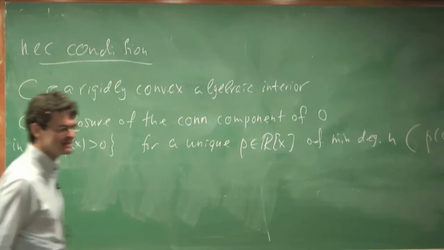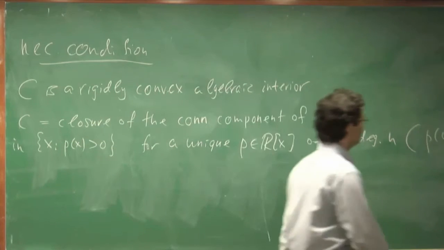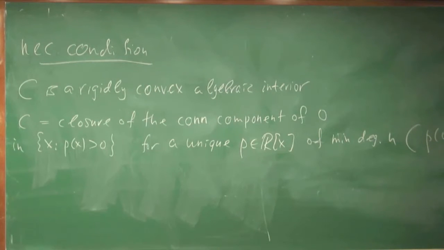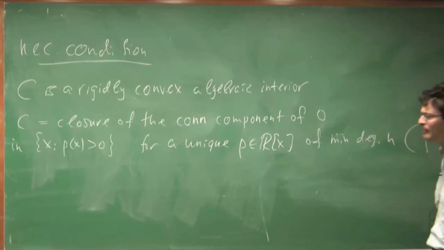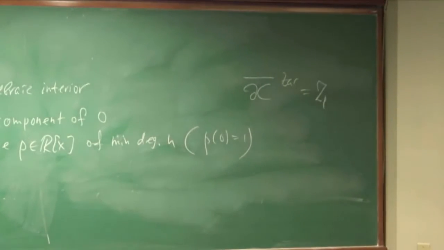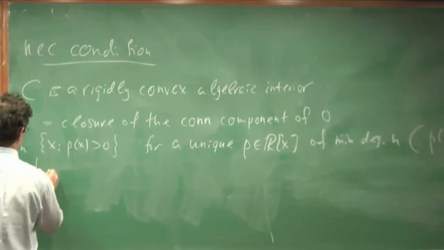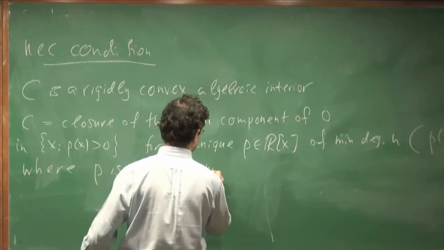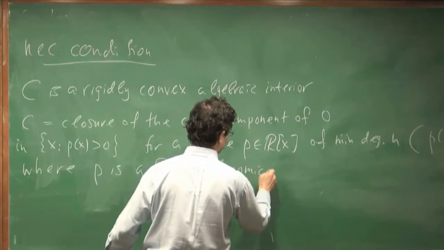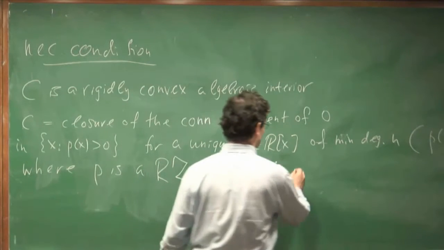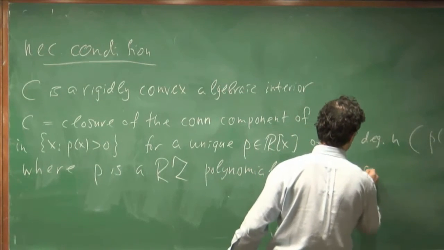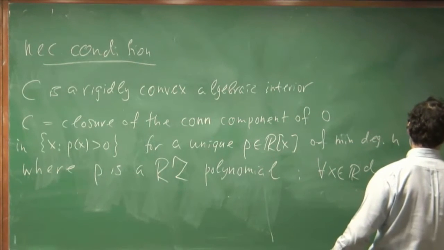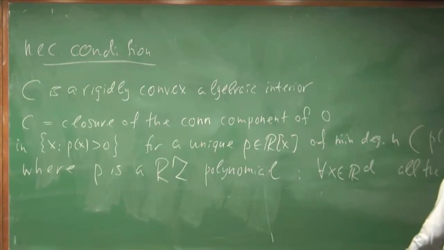And of course, P is nothing more than just the equation of the boundary. If you take the boundary of C and you take its Zariski closure, that will be just the zero set of your polynomial P. So that's the algebraic interior, and the rigid convexity means that P is an RZ polynomial, meaning that for all x in R^d, all the roots of P(tx) = 0 are real.